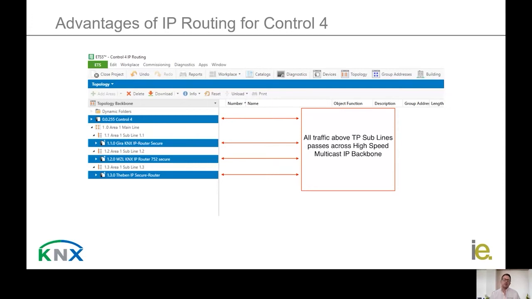And so this eliminates bottlenecks from the buildup of bus traffic on the higher TP lines. From the graphic here, we can see we've got the sublines, which are twisted pair, and those IP routers communicate onto the multicast backbone above, and that's where our Control 4 controller is located.